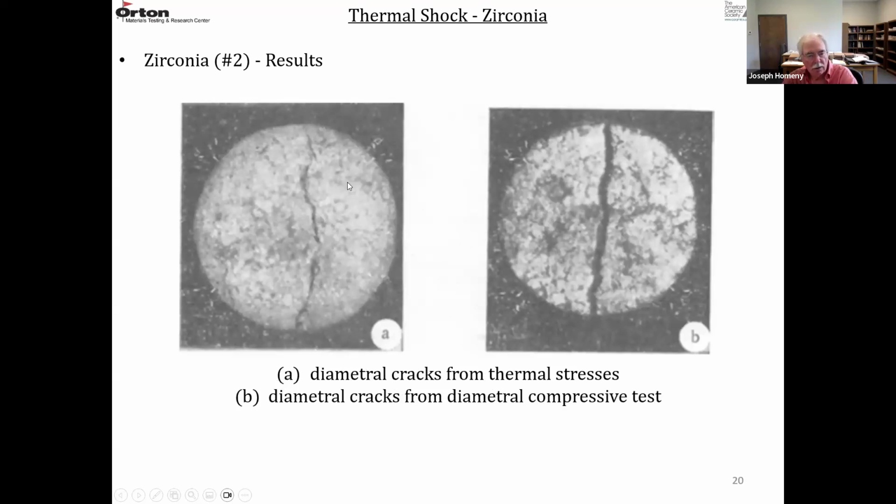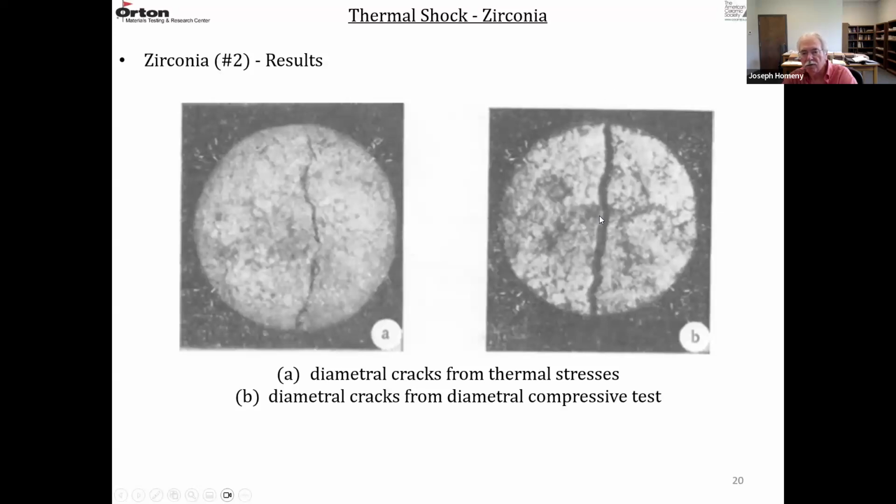So here is another example. Looking at the end of the cylinder, you see A here is a diametral crack from the thermal stress, and B is a diametral crack from a compressive stress. So this is put in a mechanical test machine, and it's loaded along the diameter. So it's compressed along this diameter.